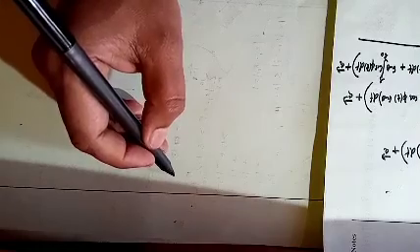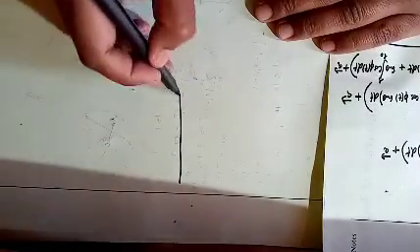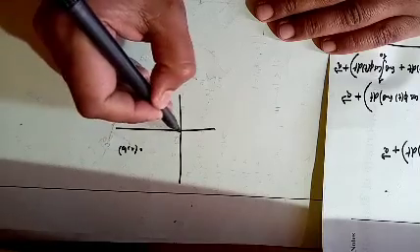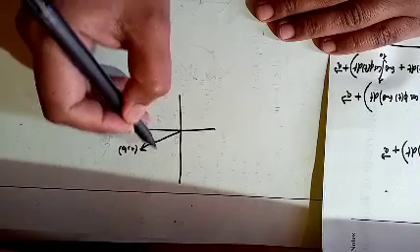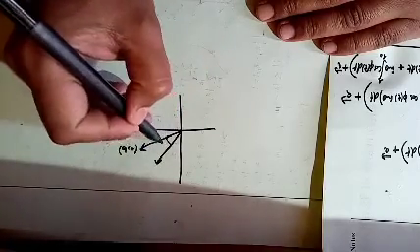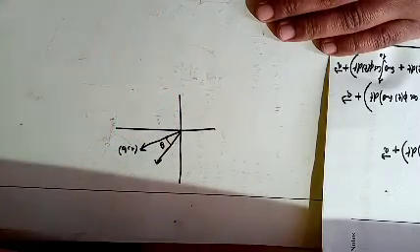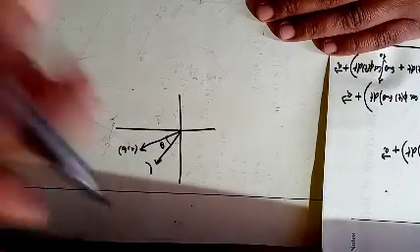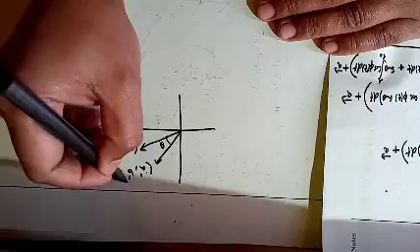Now I want to give you an idea why that would be the case. If you have any point here, any vector AB in R2, and you rotate it by some angle theta in the counterclockwise direction, you get another point, let's call it A dash B dash.